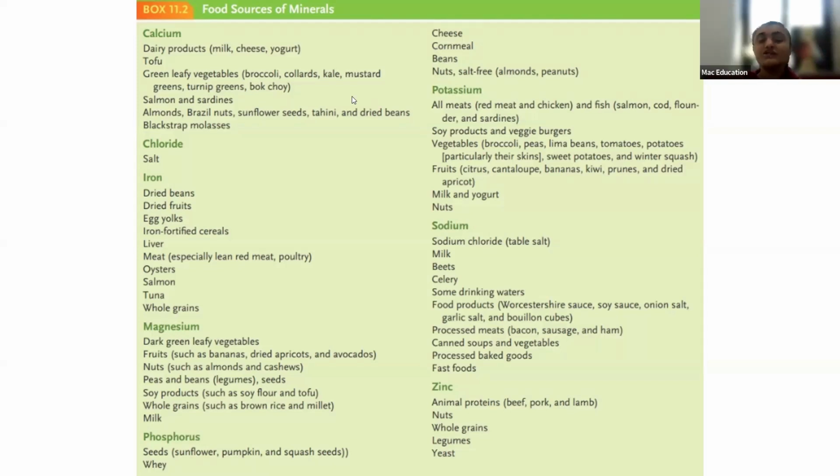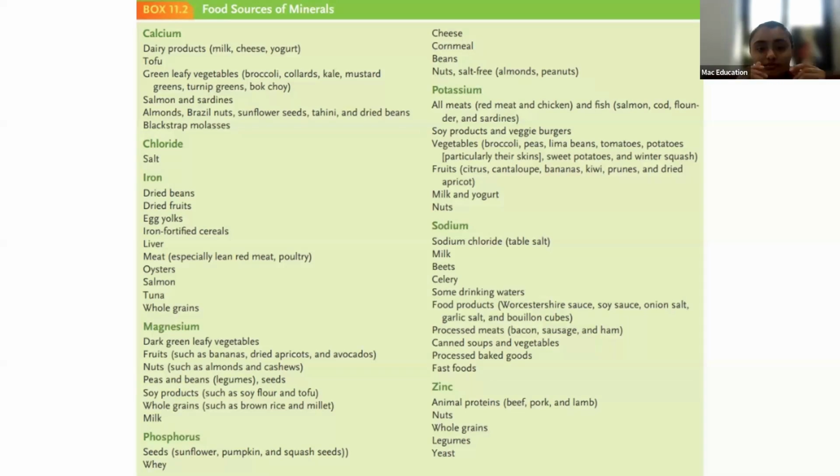Then potassium, the rich source of potassium is all meats, that is red meat and chicken, and fish, that is salmon fish, cod fish, flounder, and sardines. These are the types of fishes. Soy products and veggie burgers, vegetables like broccoli, peas, lima beans, tomatoes, potatoes, particularly their skin.